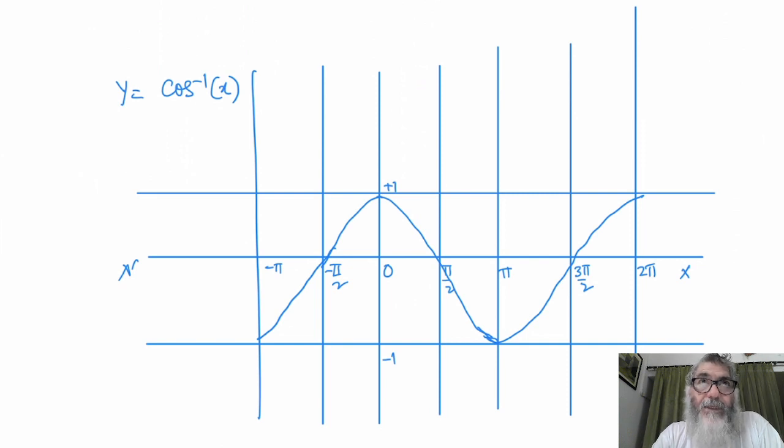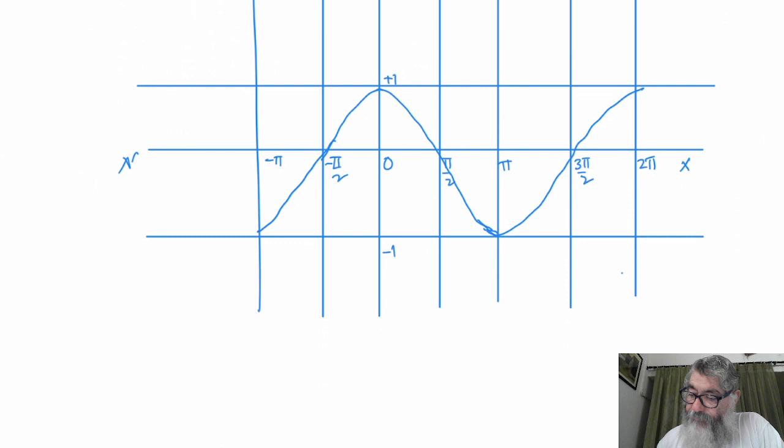In the previous case we took the curve between minus pi by 2 to pi by 2. Here we are going to take the curve between 0 and pi. We are going to restrict it from 0 to pi.